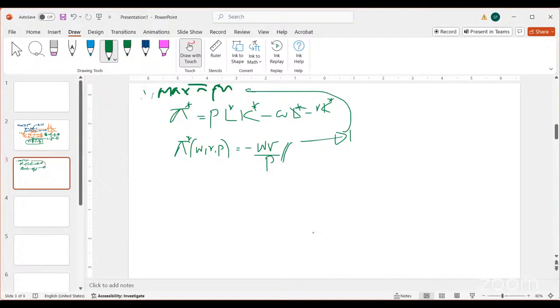So this is what we call the maximum value profit function. Now, the last time what we did is, when you differentiate this with respect to its parameter, what we call Hotelling's lemma. Hotelling is the person who introduced the concept.